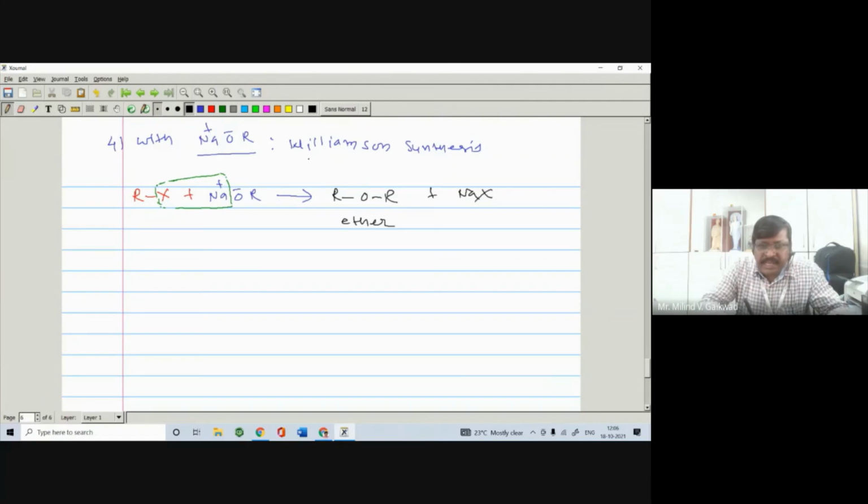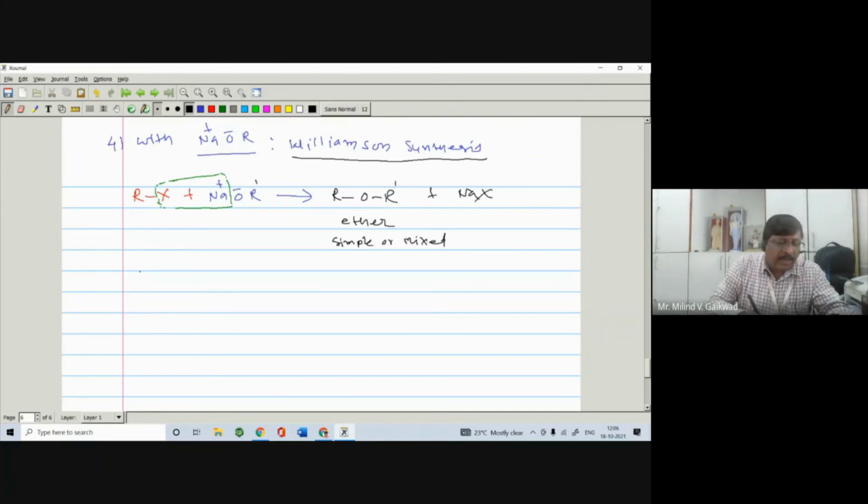In the Williamson synthesis reaction, alkyl halide, when treated with sodium alkoxide, forms the corresponding ether. So it is an etherification reaction. Depending upon the nature of R and R dash, if they are the same or different, we can get a simple ether if both are the same, or a mixed ether.